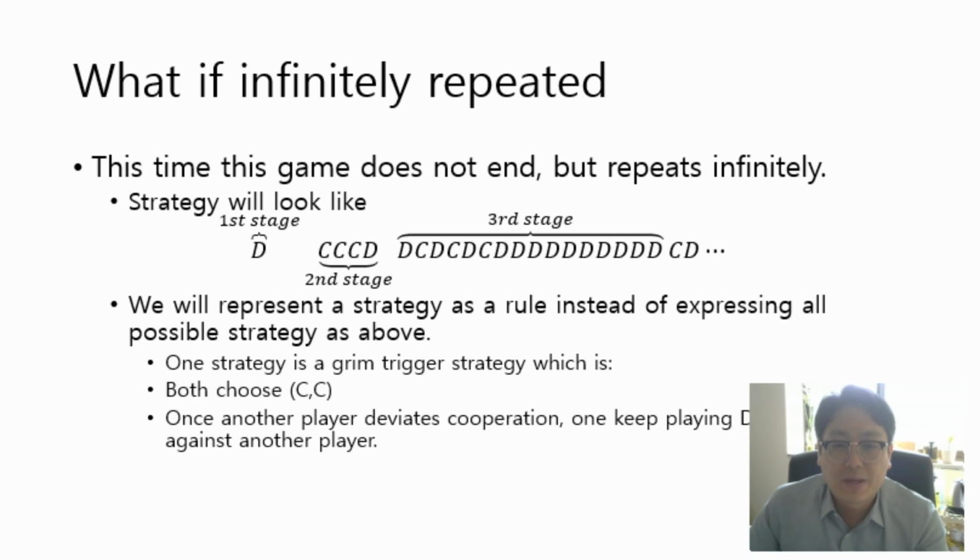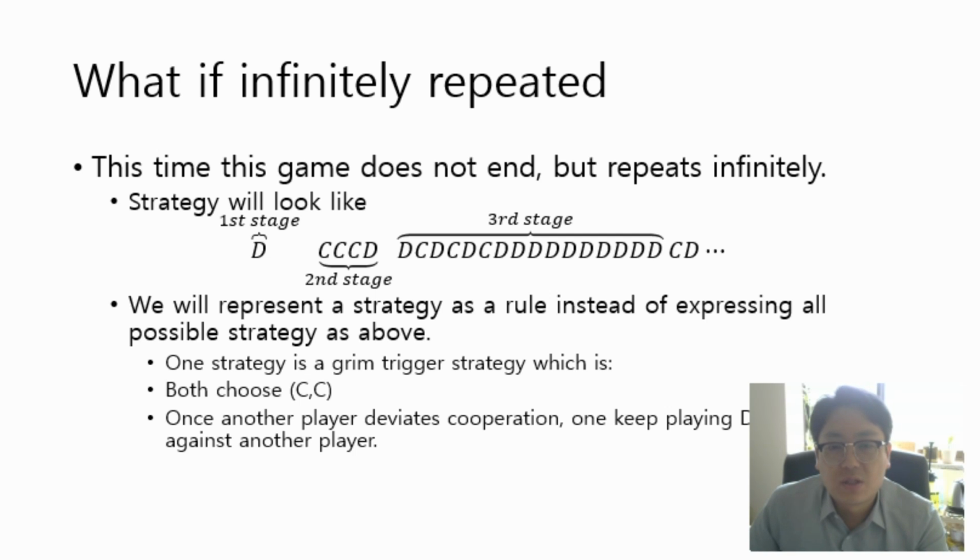So if we expand this idea, what if we are playing this game infinitely? When we are playing this game finitely, we may think that this game will be over in finite time. But if we are playing this game infinitely, it implies that people think that this game is not over.